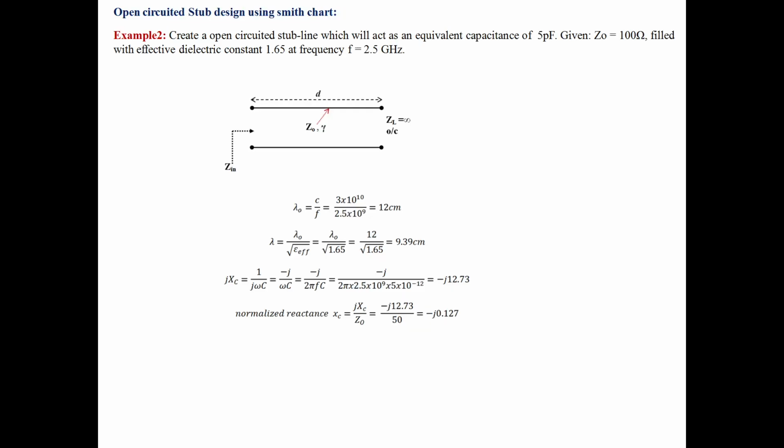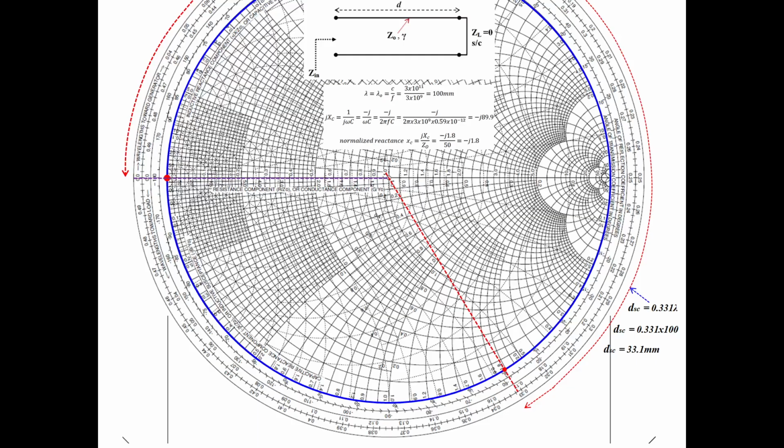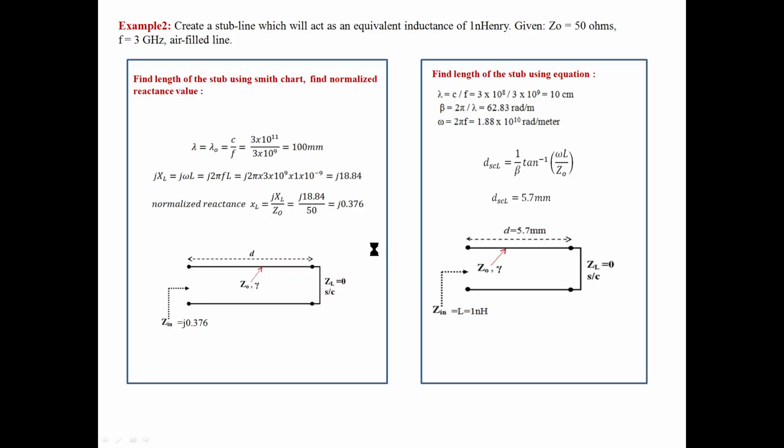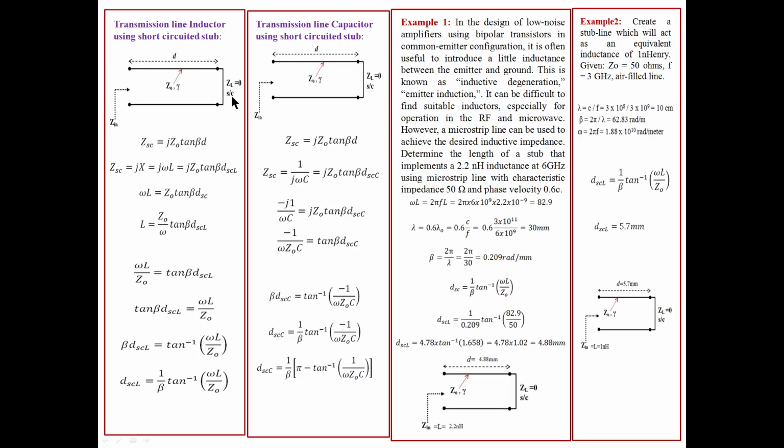As we studied, this short circuited stub can be used to implement an inductor and a capacitor. It can be used to implement the capacitor, and it can also be used to implement the inductor. It only depends upon the length of the line.